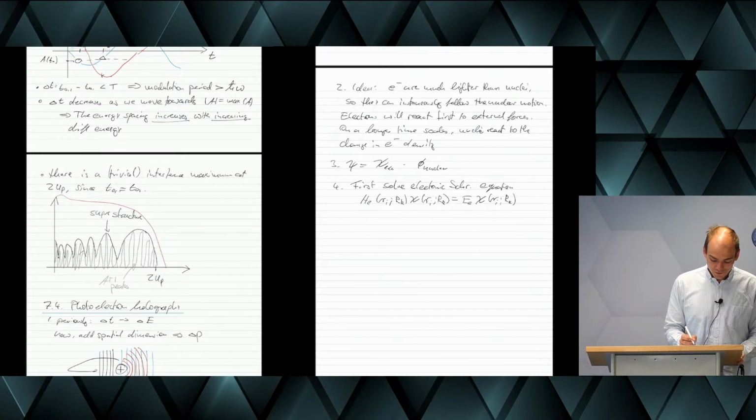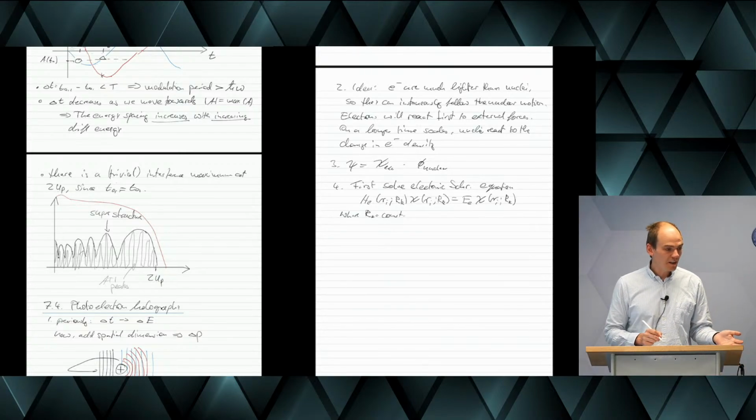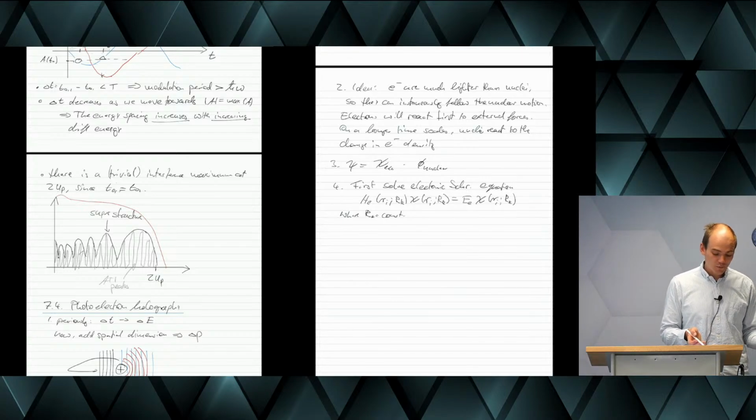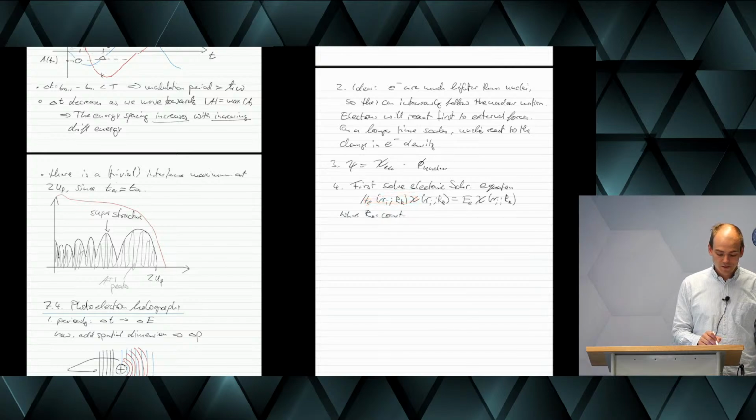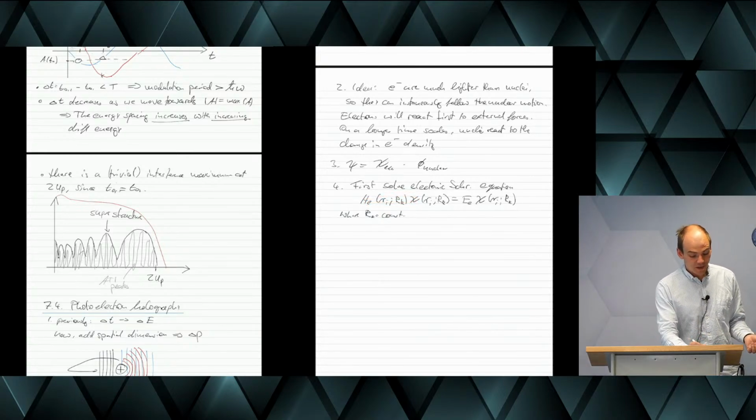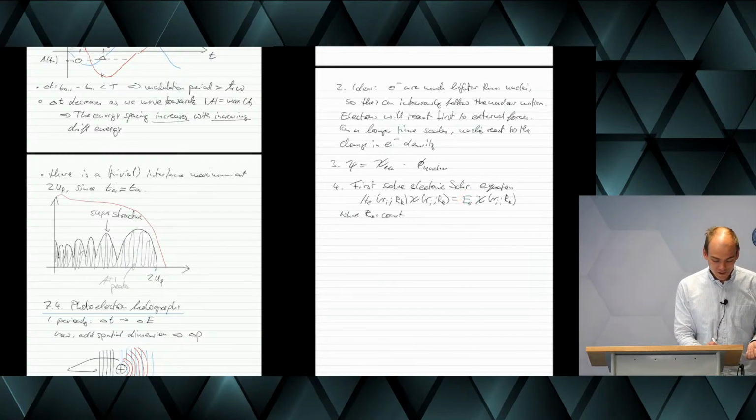First solve the electronic equation where Rk equals constant. This is essentially the eigenvalue problem for the Hamilton operator, and what you get are the eigenfunctions and the eigenvalues. The eigenvalues are these energy values for this particular set of internuclear distances.